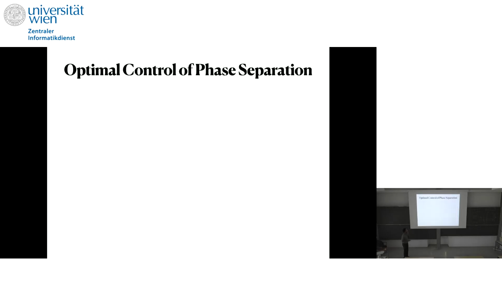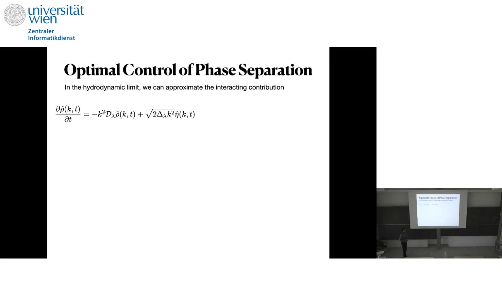Okay, so the other thing I can do is write optimal control of phase separation. To do this, we write a diffusive model, first in k-space.